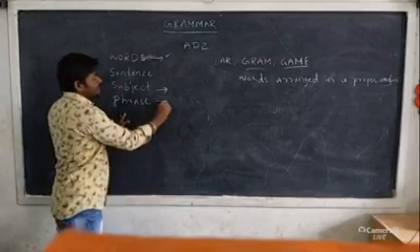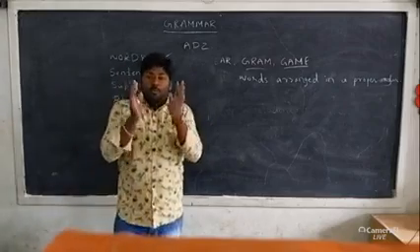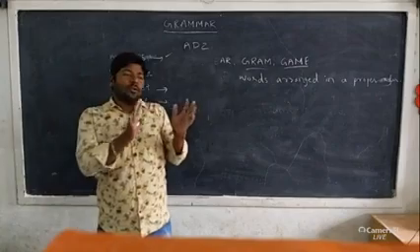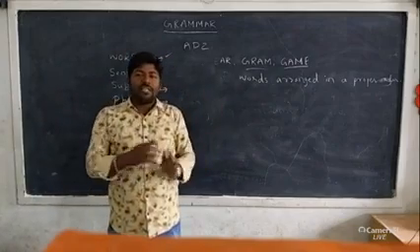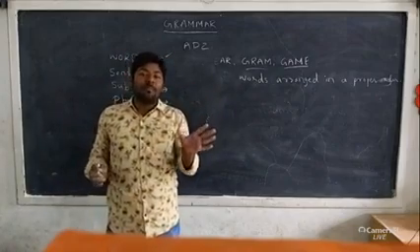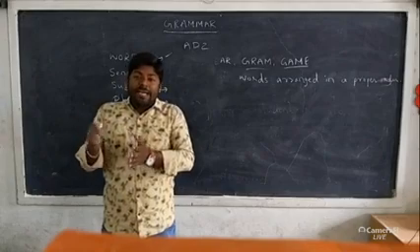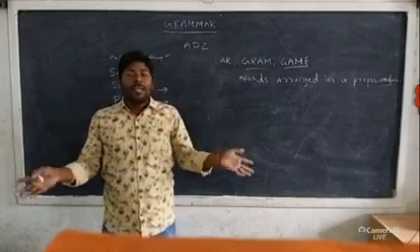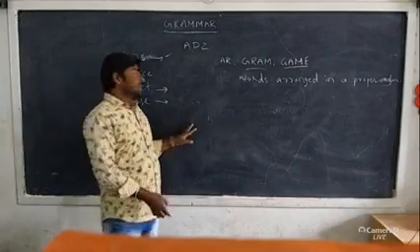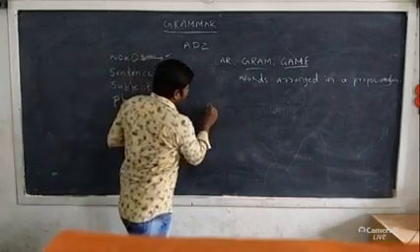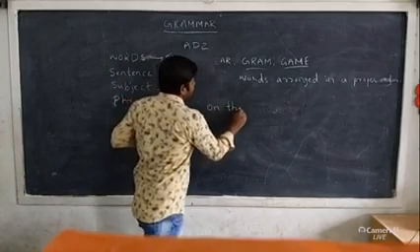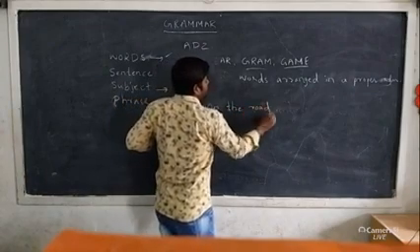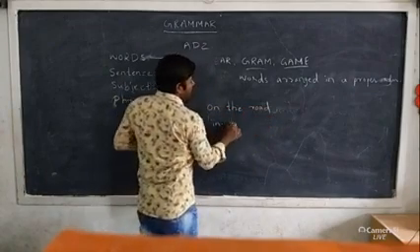And next, phrase. A phrase is nothing but a group of words arranged in a meaningful order, but it doesn't give a complete meaning. For suppose, on the road, in the market.